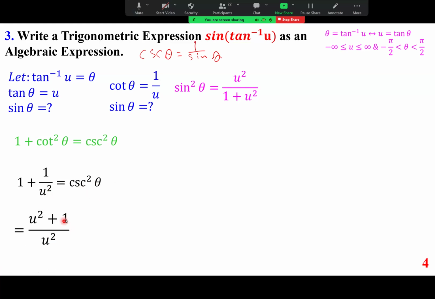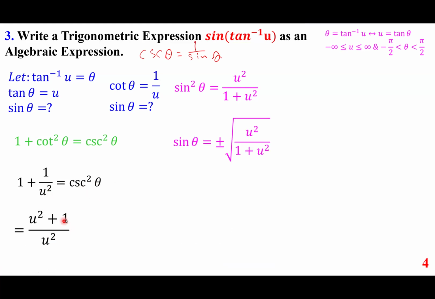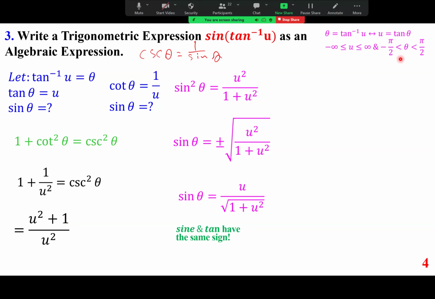So sine is plus or minus the square root of this. We take it to be positive because sine and tangent have the same sign. They both follow this. The difference is that the endpoints are included for sine, but not for tangent.